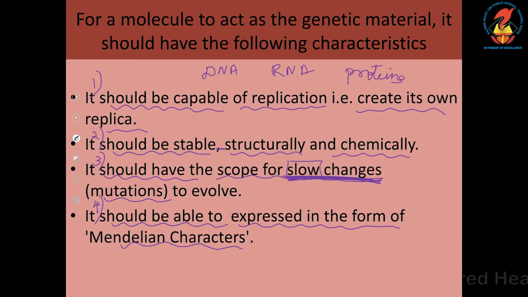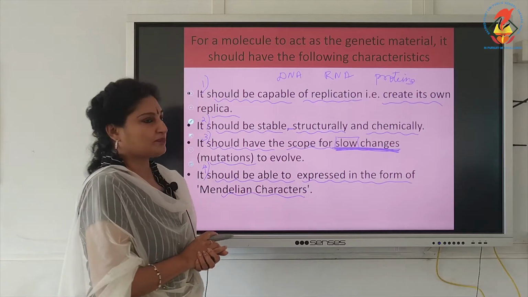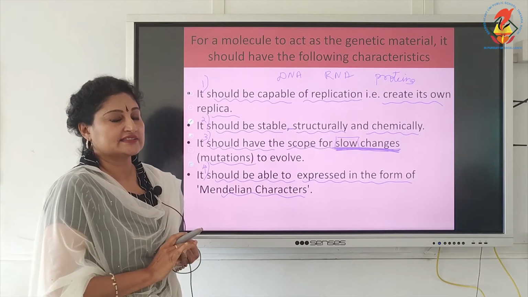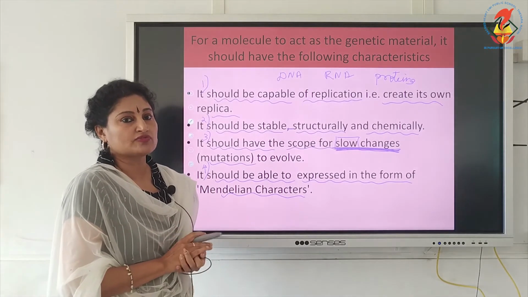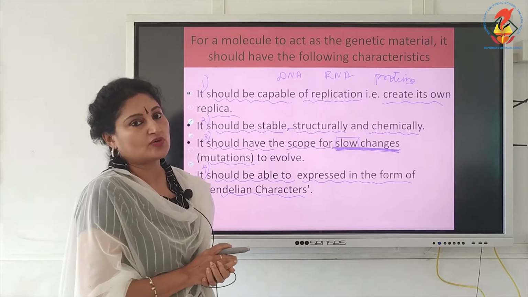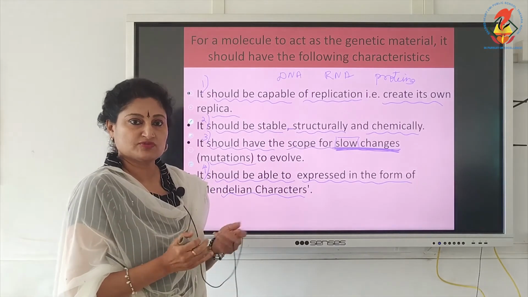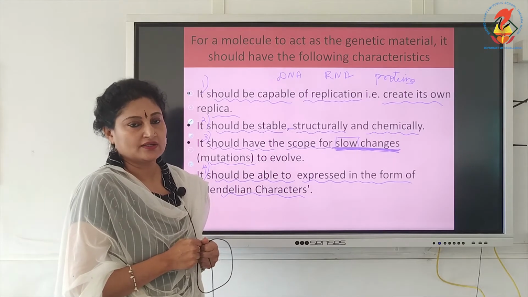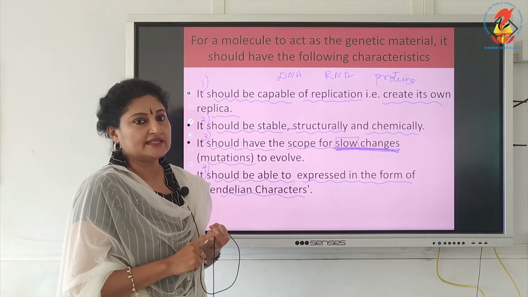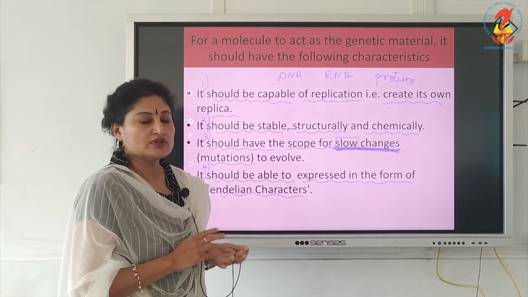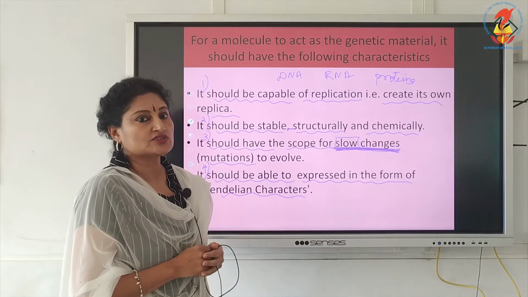Okay. Now, first criterion, it should be capable of replication. When we look into this criterion, DNA and RNA stand a chance. Why? Because of the rule of base pairing and complementarity. Both DNA and RNA have bases which form complementary base pairing. In DNA it is ATGC, whereas in RNA it is AUGC. So in both these molecules there is a chance of replication.